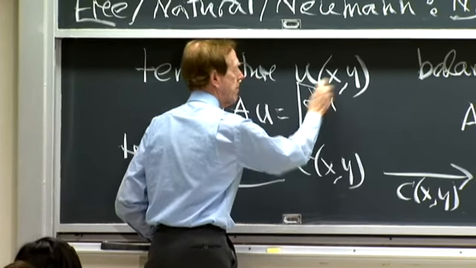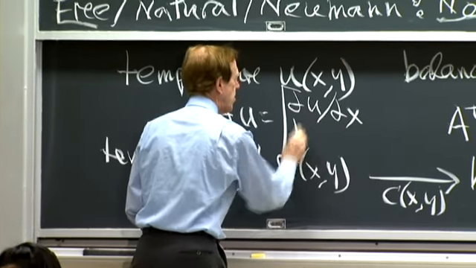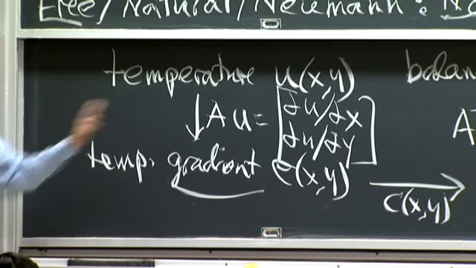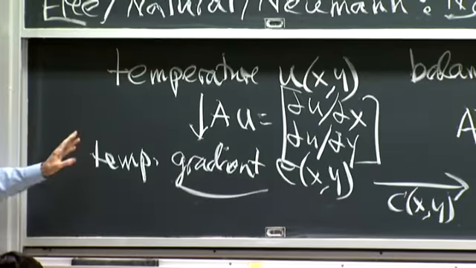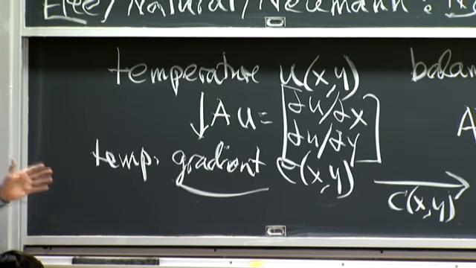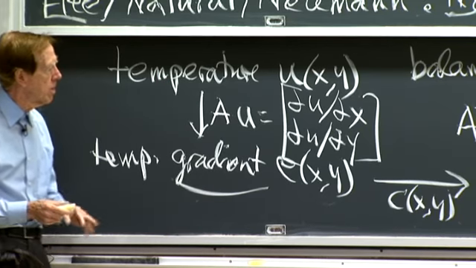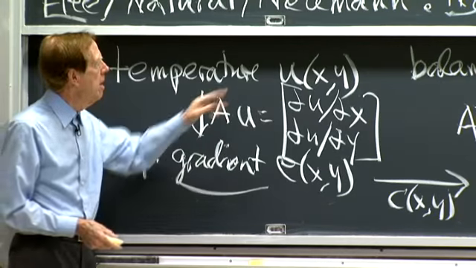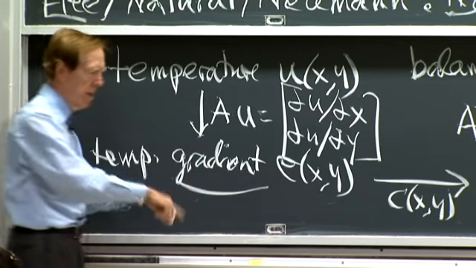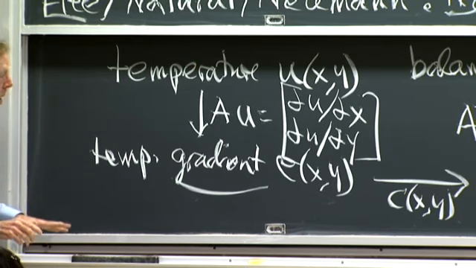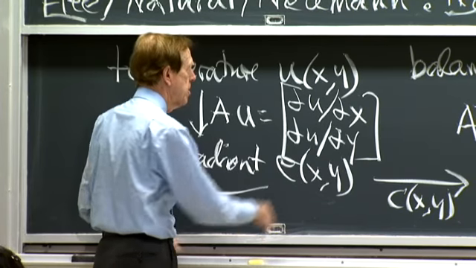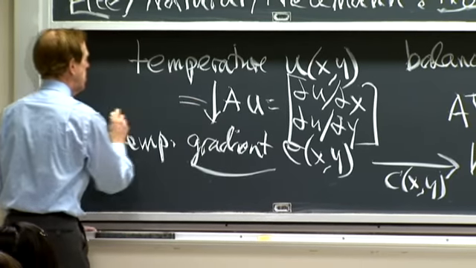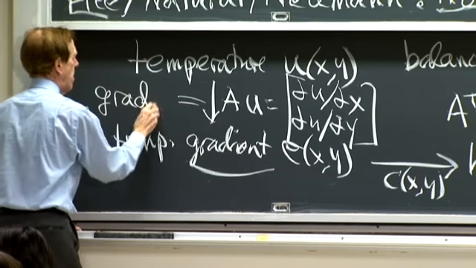I've got two variables. There are two first derivatives. Both of them are important. That's what the A is for the next big example in the course. In fact, the final major example of the course is when A acts on a function of two variables, because I'm in a region in the plane, to find its rate of change, and this is called the gradient. So the shorthand is the gradient of U.